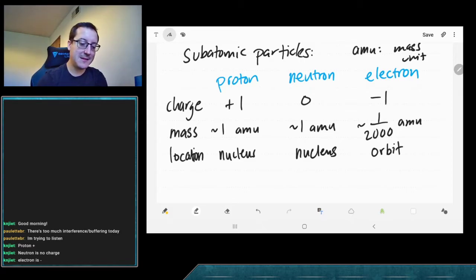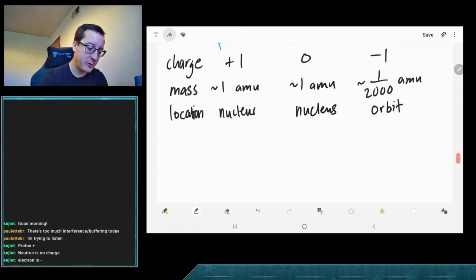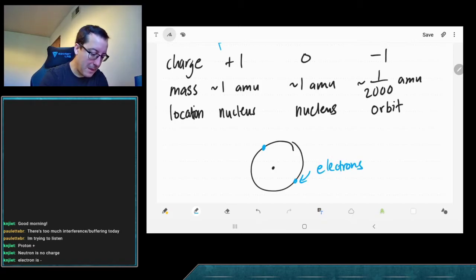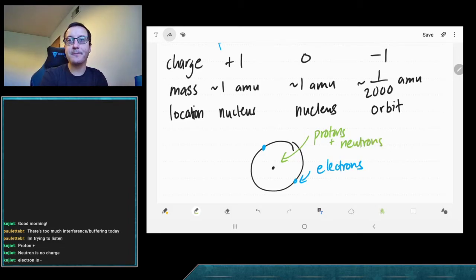So in a simple model that you've probably seen before, you have your nucleus in the middle, and you have some orbit, for example, and you've got some electrons just whizzing around in there. Those are going to be your electrons. And all your protons and neutrons are in that one little dot.